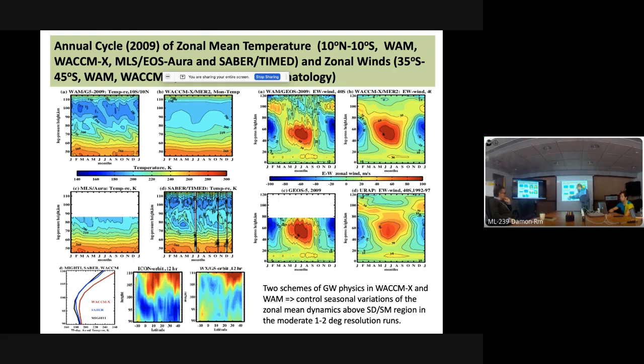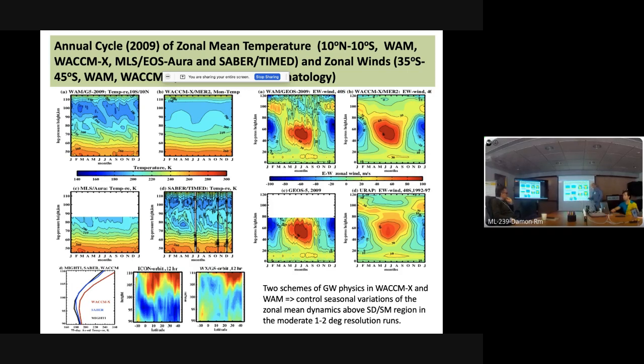So warm bias at around 120 kilometers, up to 30 K degrees. And of course, ICON and SABER agree with each other quite nicely. And with this deviation, I didn't put the distribution in this region, but it's much better compared to VacuumX.